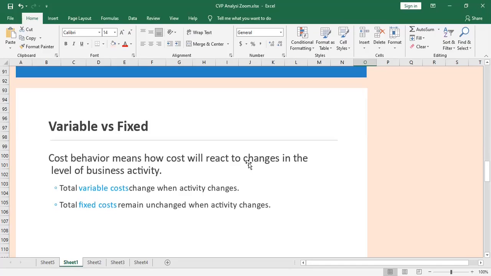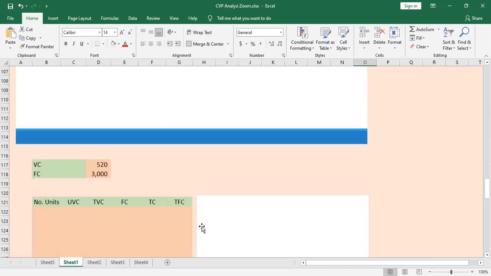That's why I said this decision is only valid for that certain level of activity range, right? So that is variable and fixed cost. So let us calculate these costs based on this simple example and see how these costs behave, right?